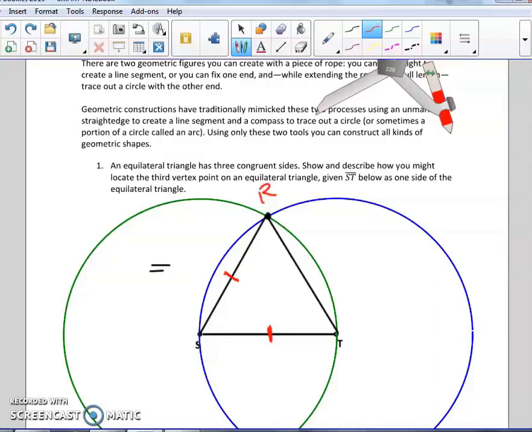And if we look at the blue circle, if we know that TS is congruent to RS, then in the blue circle, we would also know that these would be congruent to TR, given that TR is a radius in the blue circle. So we can see that that triangle right there is equilateral.